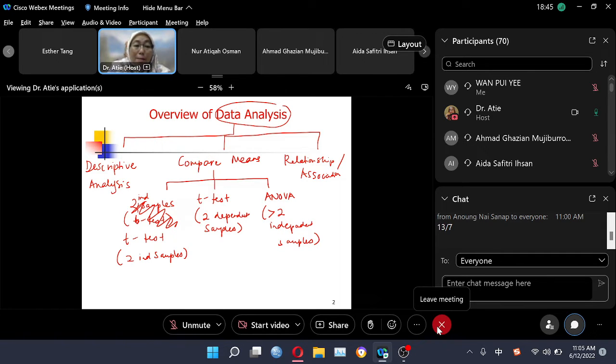What you have learned is this one, and you have also learned this one. Starting from today, we are going to learn this part right here, the relationship and association, right?